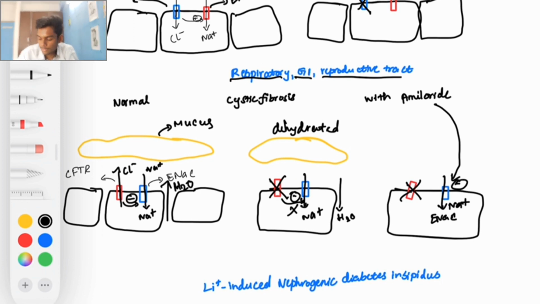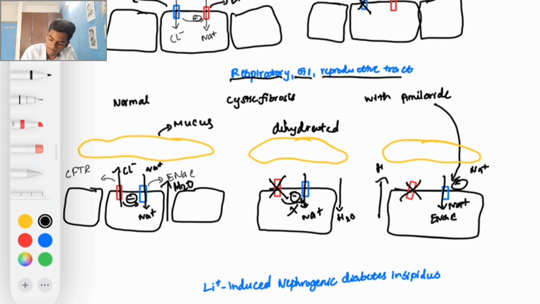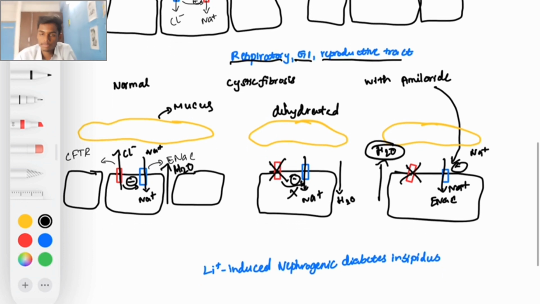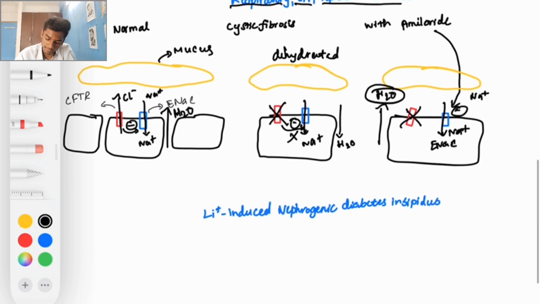So sodium will not move inside. So there will be a lot of sodium in the mucus. So there is movement of water into the mucus. So it will increase the fluidity of the mucus. So the mucus can be cleared. So amiloride given in aerosol form can provide symptomatic relief in patients who have cystic fibrosis.